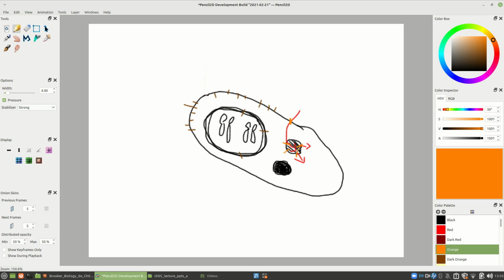But this is the idea here behind membrane transport. And so we're going to learn about those different types of transports: pumps and pores, osmosis, diffusion. All of those are ways to get things across a membrane and either into the cell or into an organelle or out of the cell or out of an organelle. So keep all of that in mind as we move forward.